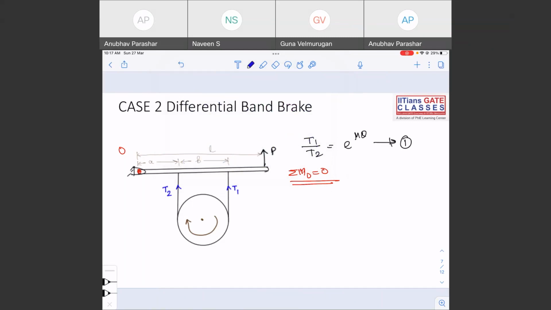Now we are going to write the equation of moment about point O. The FBD that you draw is that of the lever. This is the hinge point O. T1 and T2 will be pulling the lever downwards, and the effort P will be pulling the lever upwards.